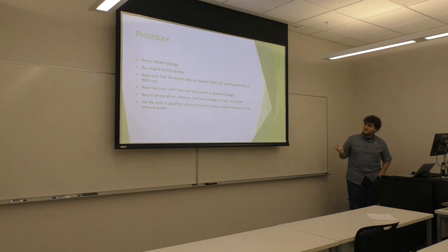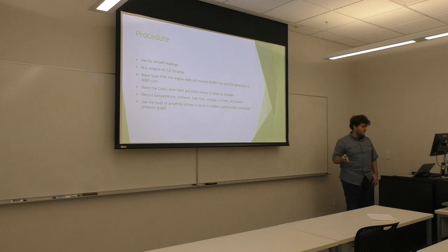Read the procedure. It says we run the engine at full throttle, but we try not to exceed the engine's max RPM of 28,000. For the generator, there is a separate load throttle, similar to the steam engine experiment done the previous week by our group, that will slow down or speed up the RPM.